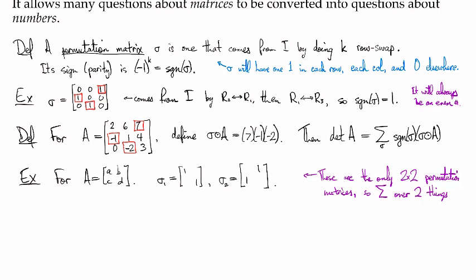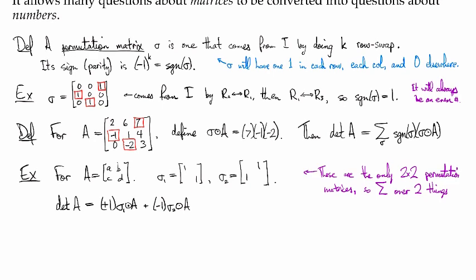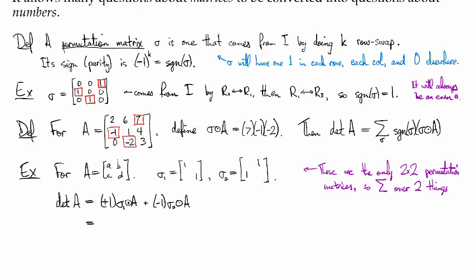Then the determinant of A is going to be, for sigma 1, that one comes with a +1 parity, so that's the sign of it. And then we have sigma 1 circle dot A, and then we have a -1 times sigma 2 circle dot A. And so for the first one there, I'll just draw some little doodle.